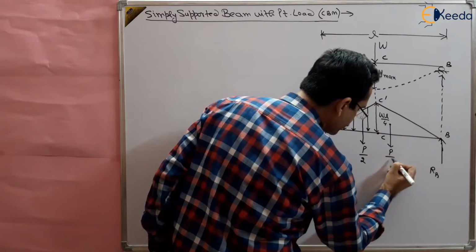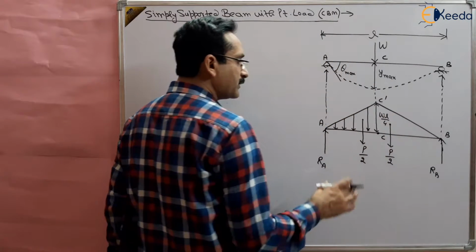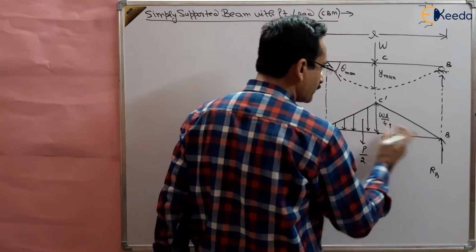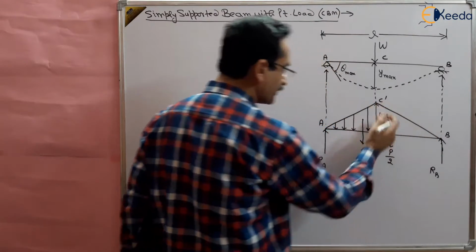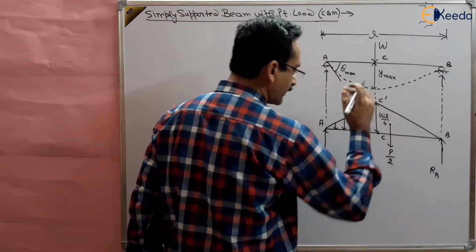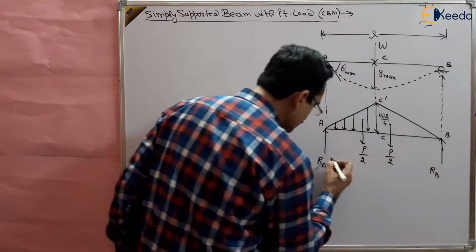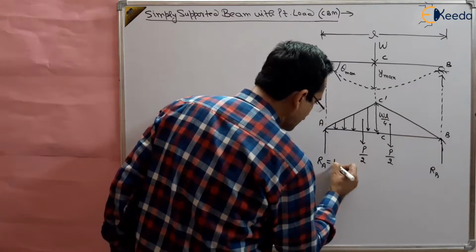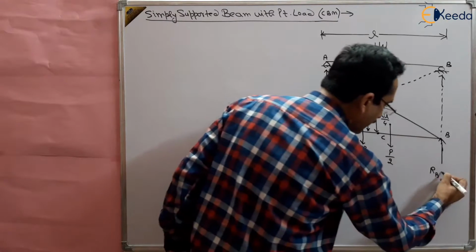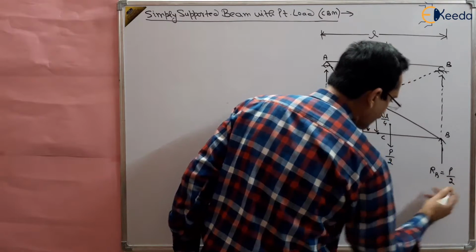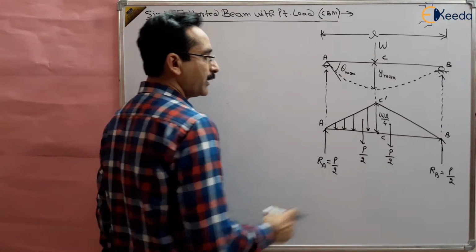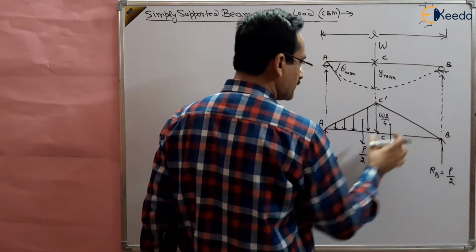So total load is P, and P by 2 is the half load shared in both the triangles. We have divided it into two right angle triangles. So half will be shared by RA and half will be shared by RB. So out of total load P, P by 2 will be shared by RA and P by 2 by RB, and the total load on the conjugate beam is P.